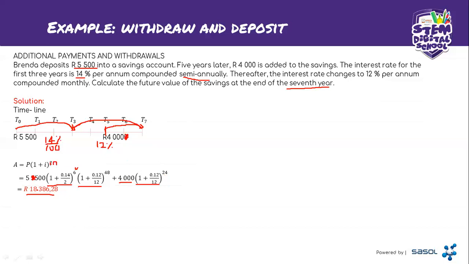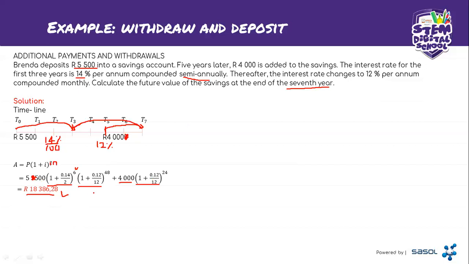So what you can do, my dear learners, is recalculate it. Put everything on your calculator and verify if this answer is correct, because we made a mistake there. Instead of writing 5,500, we wrote 5 with a mistake, but I tried to remove it. I believe this is the correct answer.